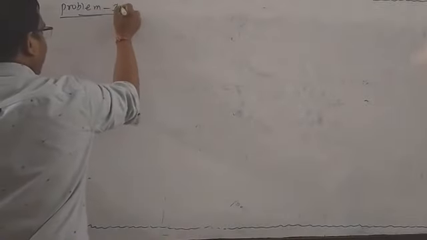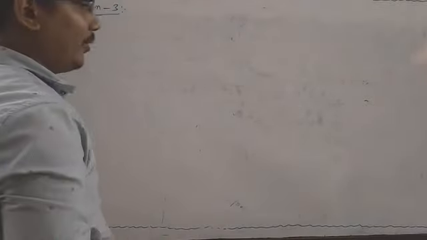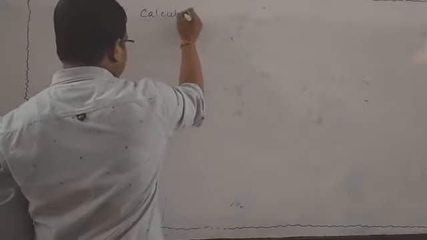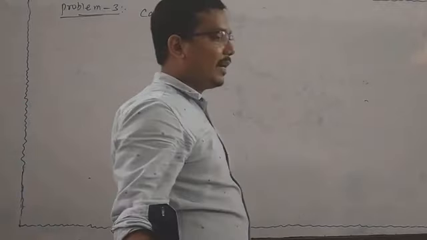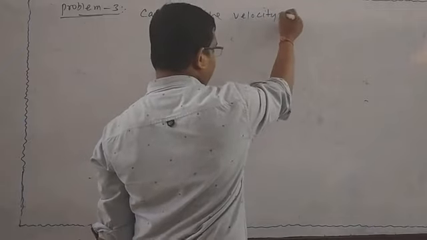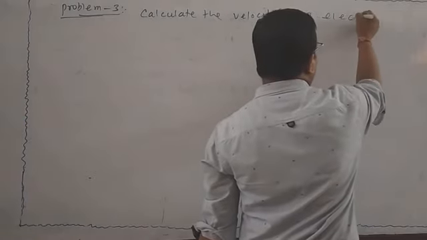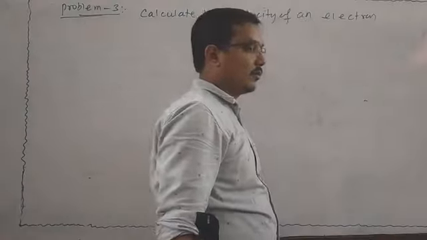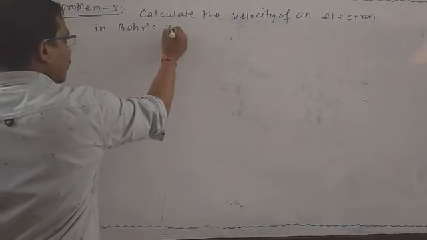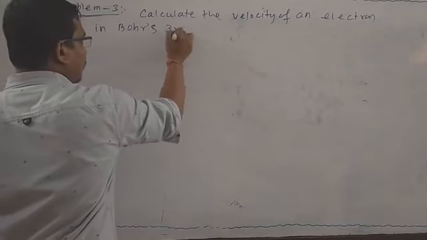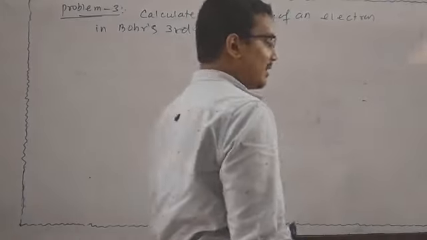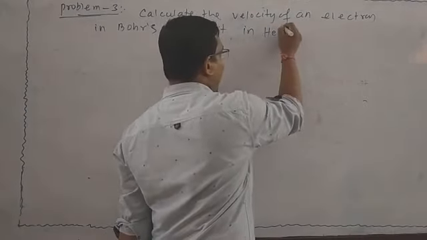Problem number 3. Already 1 and 2 are done. Problem number 3: calculate the velocity of an electron in Bohr's third orbit in He plus ion.